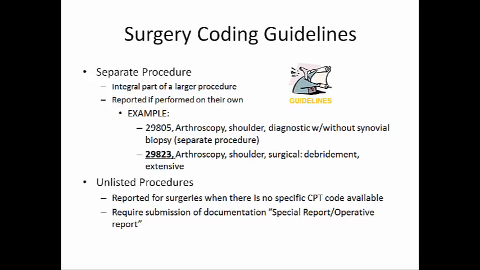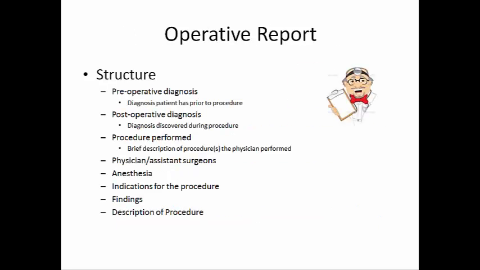Now, the structure of an op report: you're going to have your pre-op diagnosis, which states the diagnosis the patient had prior to the procedure. You'll see a post-op diagnosis, which was discovered during the procedure performed, and then a brief description of the procedure by the physician.